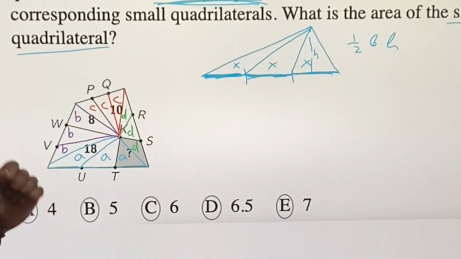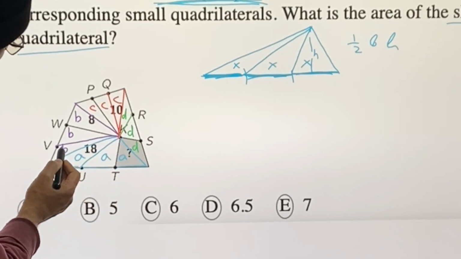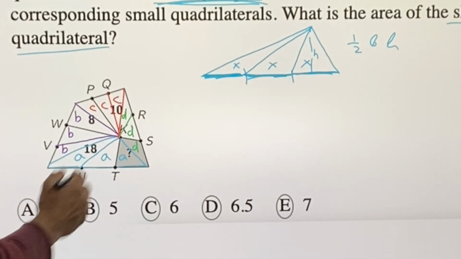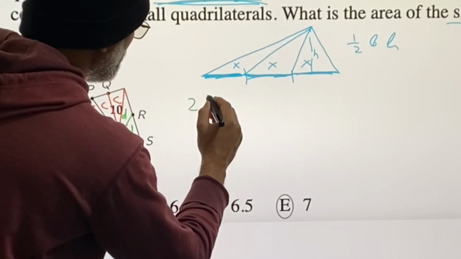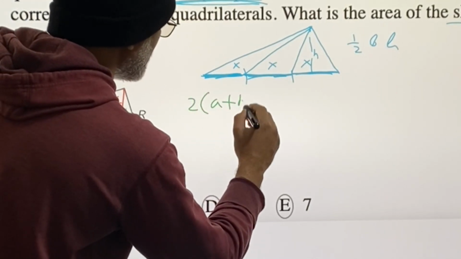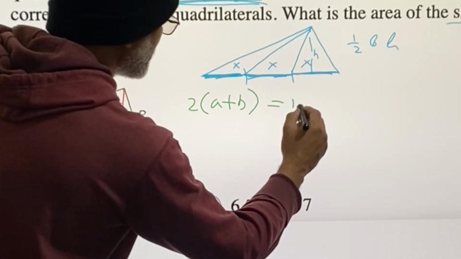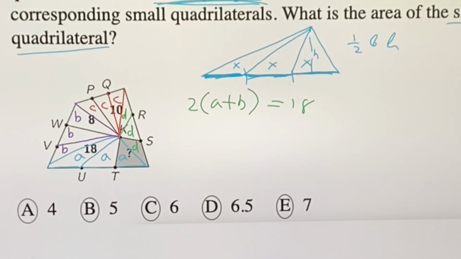All right, now what do I see? A plus B plus B must be 18, because that is the area of the quadrilateral given to us. That is 2A plus 2B, that is 2A plus B, that is 18, right? That is given to us, the area of that quadrilateral, which is divided into these triangles.